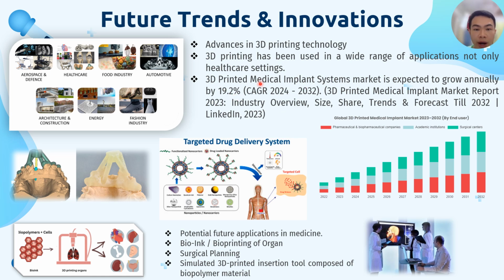The compound annual growth rate, CAGR, of 3D printing techniques in medical implants is expected to grow annually by 19.2% from 2024 until 2032, according to the market report shown here.